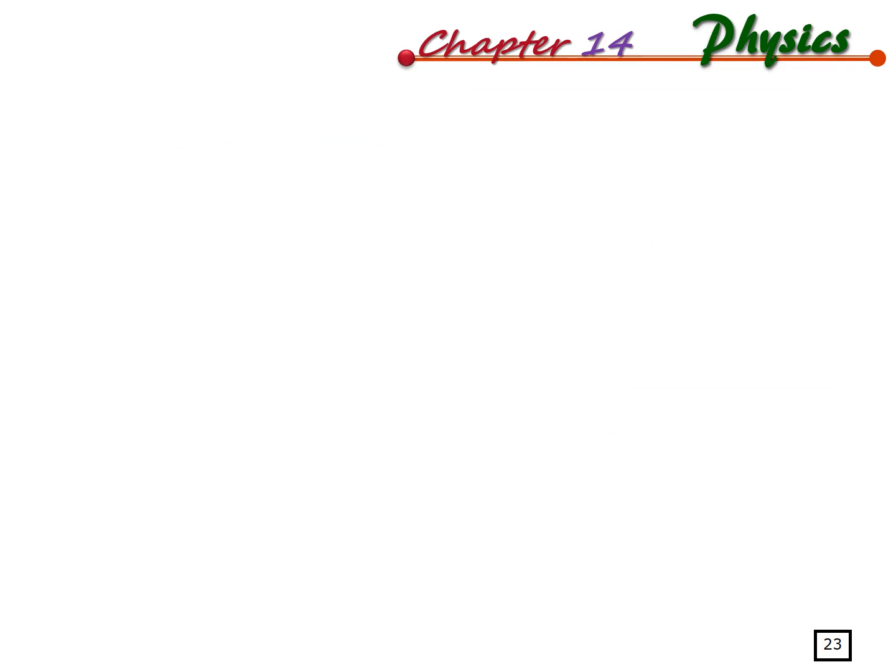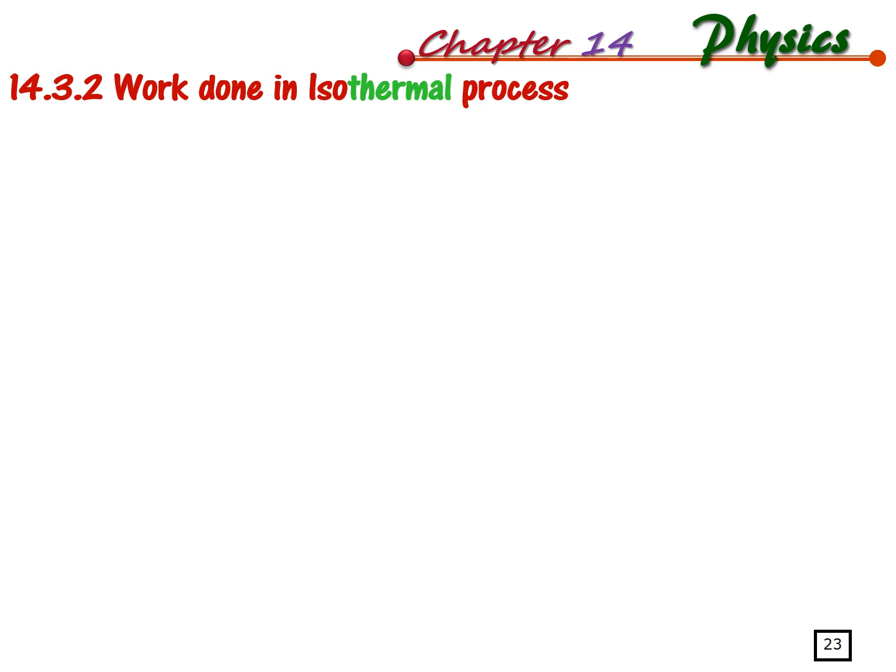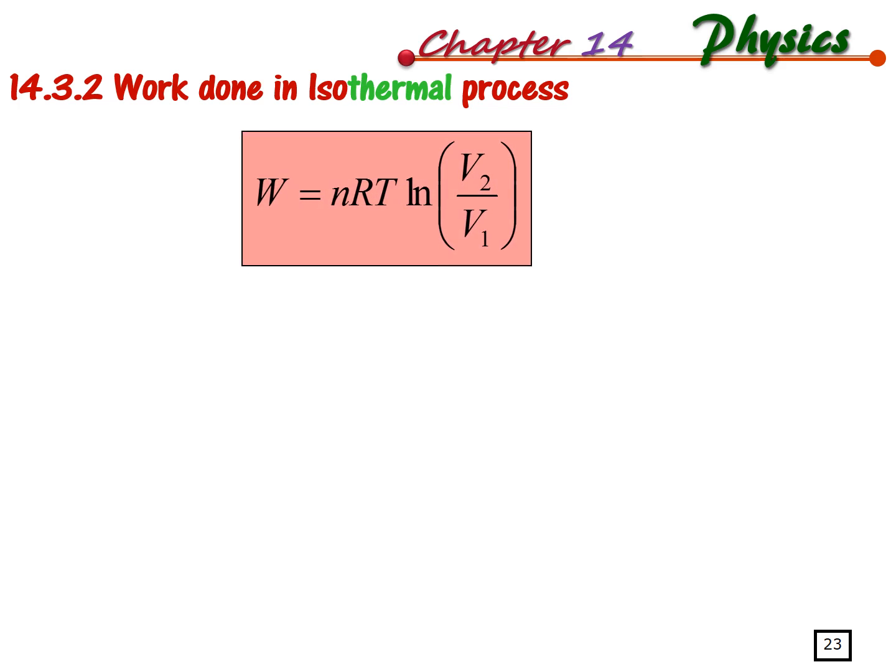We go to the work done in the isothermal process. The formula to calculate the work done, either expansion or compression, during the isothermal process, is W equal to nRT ln V2 divided by V1, where n is the number of moles, W is work done, R is the molar gas constant, T is temperature in Kelvin, V2 is final volume, and V1 is the initial volume of the system or the gas.